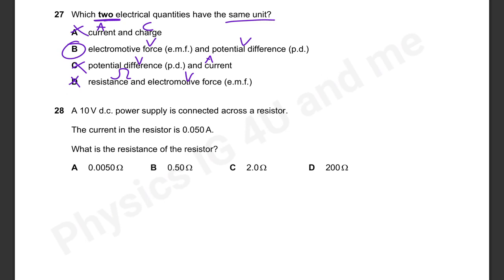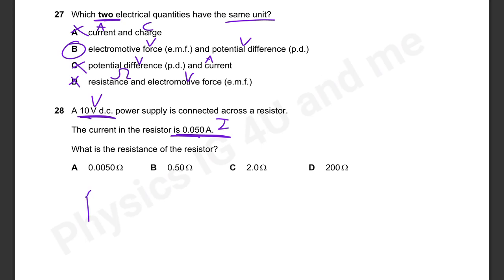Okay, now question 28. It says a 10 volt direct current power supply is connected across a resistor. The current in the resistor is 0.05 ampere. So this is potential difference and this is current, 0.05 ampere. What is the resistance of the resistor?